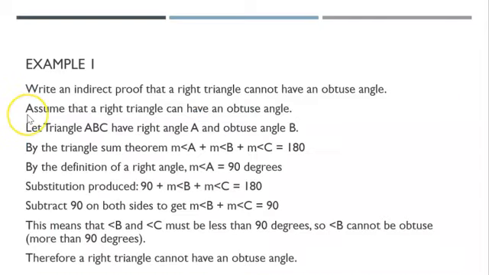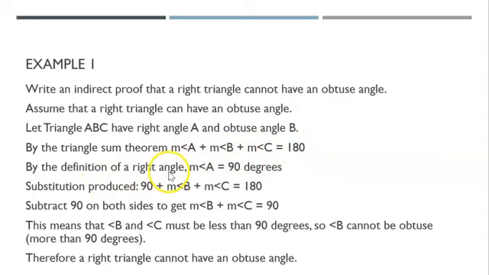So I started out by writing my assumption. Assume that a right triangle can have an obtuse angle. Then I created a fictional triangle. Let triangle ABC have right angle A and obtuse angle B. Now we know that in a triangle, all the angles have to add to 180. So I said angle A plus angle B plus angle C equals 180 degrees.